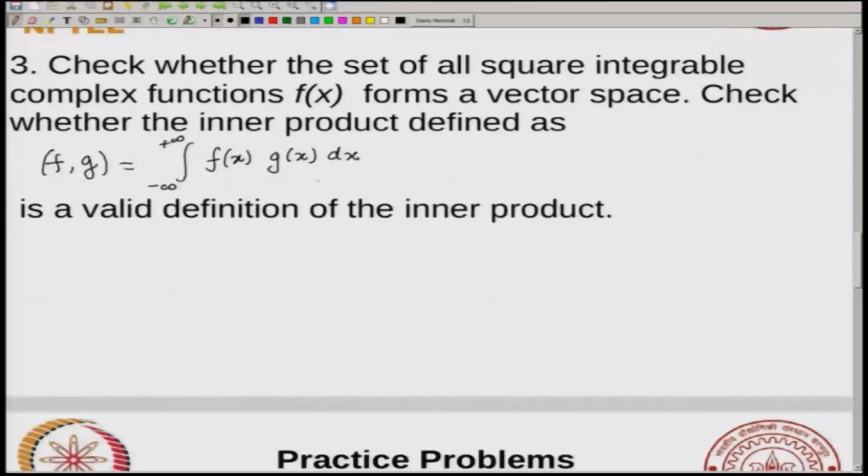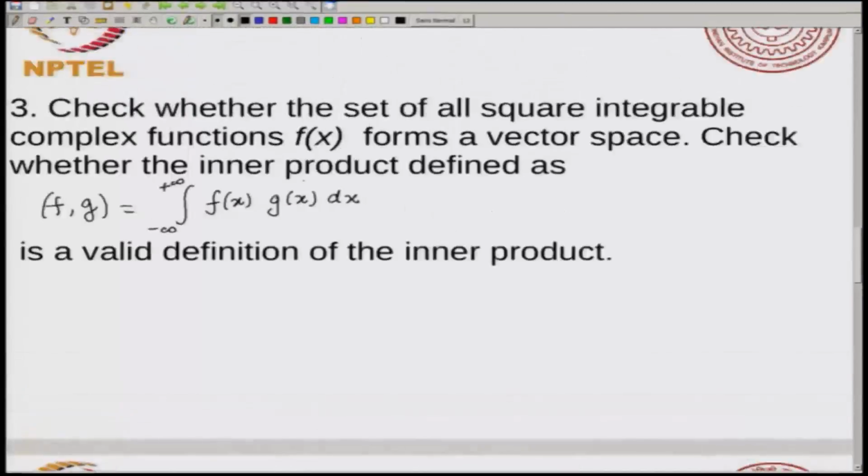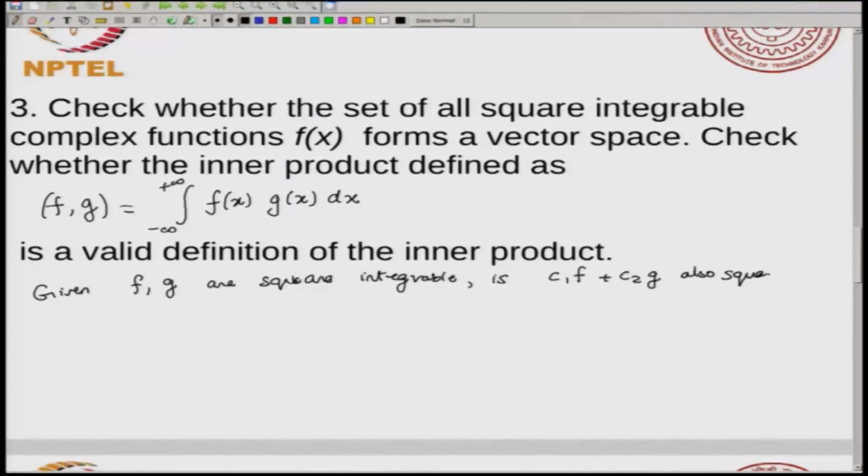So what you have to check is whether, given f and g are square integrable, is C1f plus C2g also square integrable.